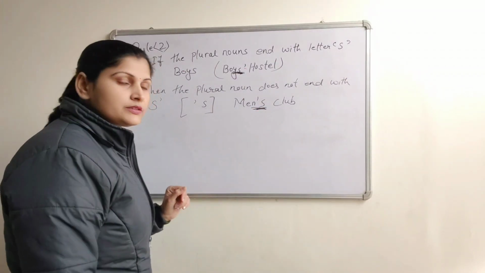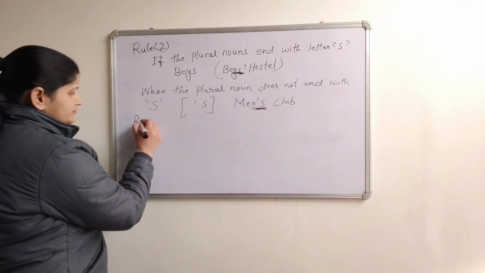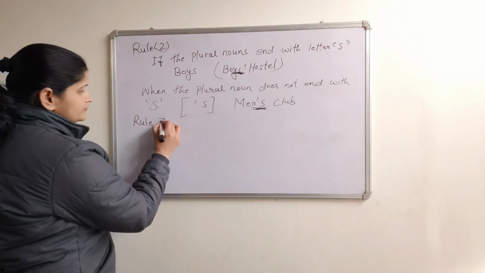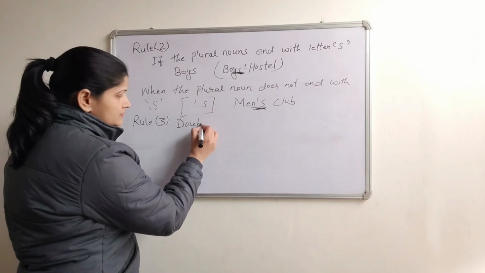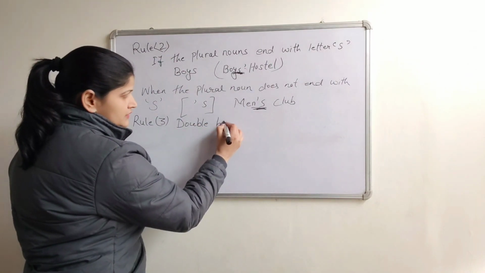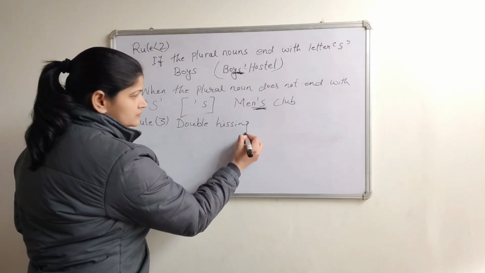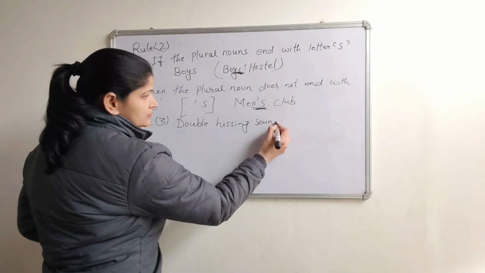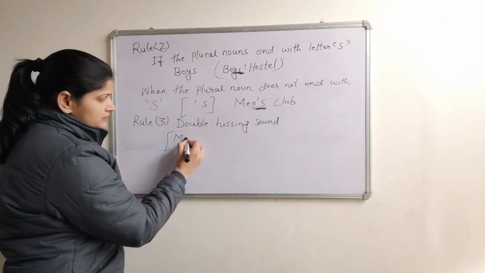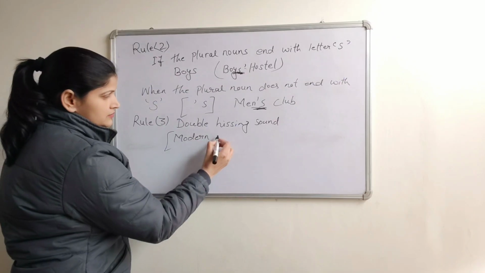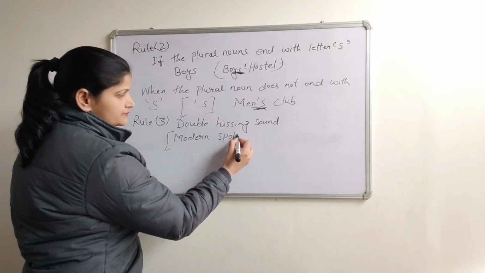Now, rule number 3: double hissing sound, for modern spoken English.